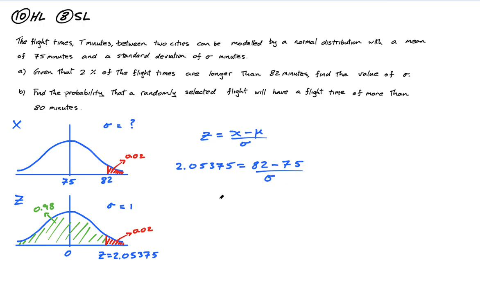I'm going to get sigma equals, hopefully you're okay with this step, guys, 82 minus 75 is 7.